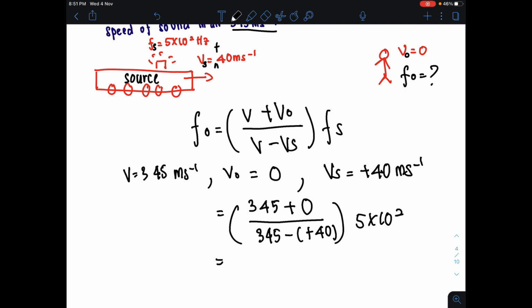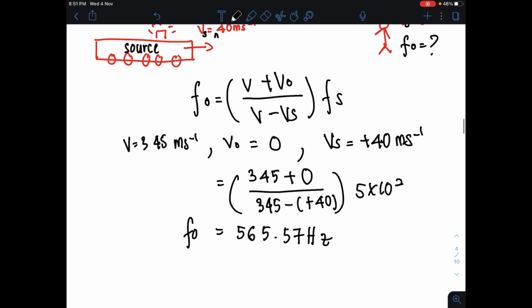So, you're going to press your calculator now. Awak pun akan dapat 565.57 Hz. So, this is the frequency heard by the observer.